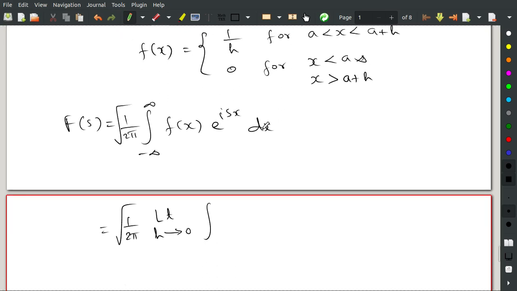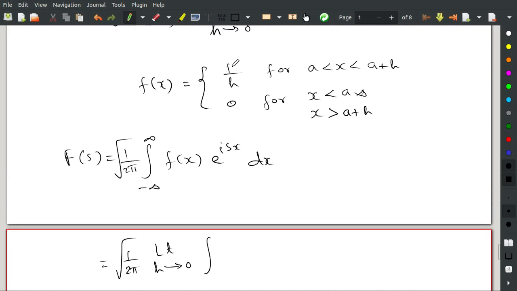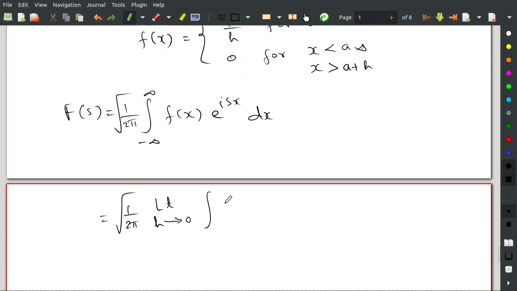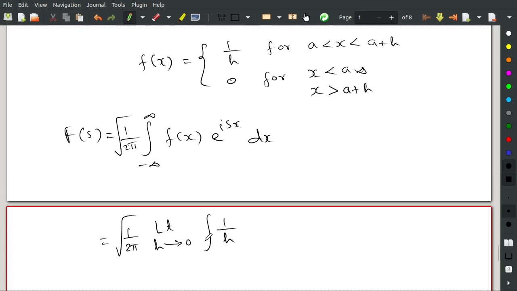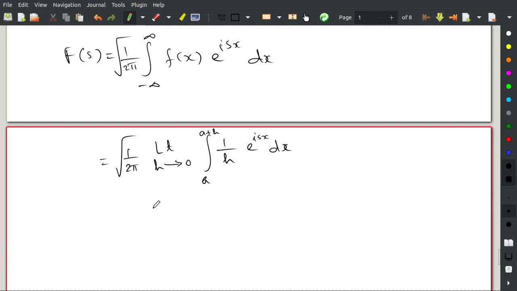And in this range the value of f of x is 1 by h. Therefore 1 by h, and the limit is from a to a plus h, e power isx dx. Since the integration is with respect to x, we can take this h outside.